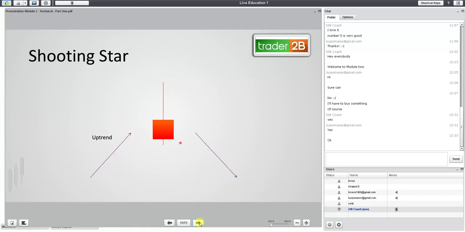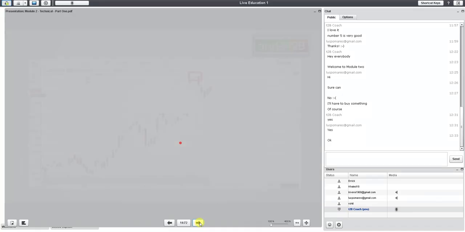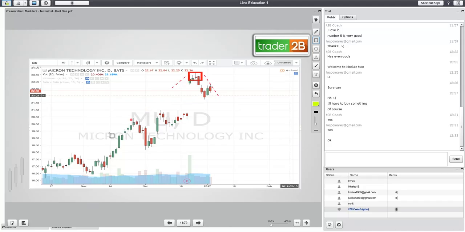So a lot of times you may hear different names for common patterns or individual signals that you may already be aware of, right? And so again, here is just another signal of a shooting star, or a hammer.